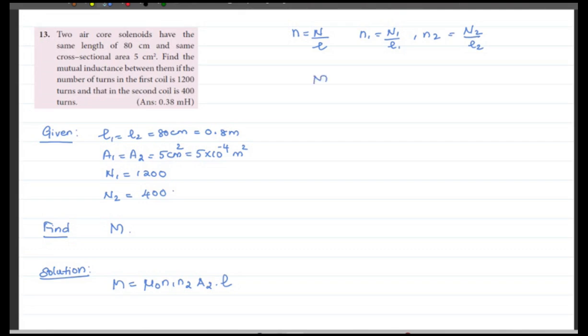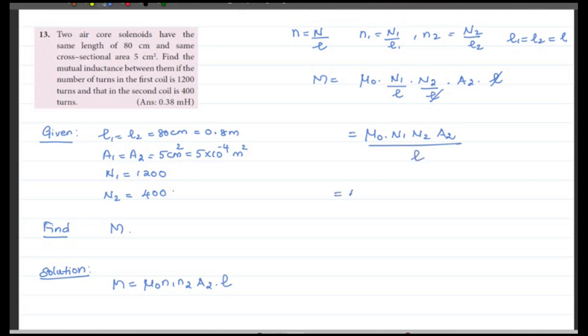So mutual inductance M is equal to mu naught into N1 by L, L1 equal to L2 equal to L ன்னு எடுத்துக்கலாம். So N1 by L into N2 by L into A2 into L. ஒரு L cancel பண்ணிடலாமா? So this is mu naught N1 N2 A2 by L.